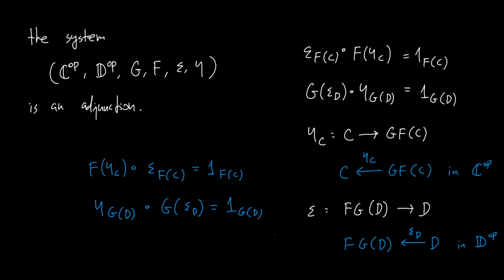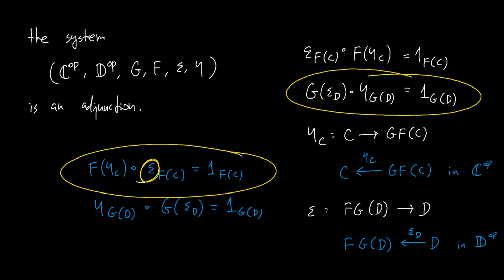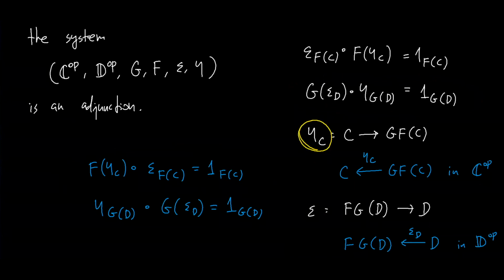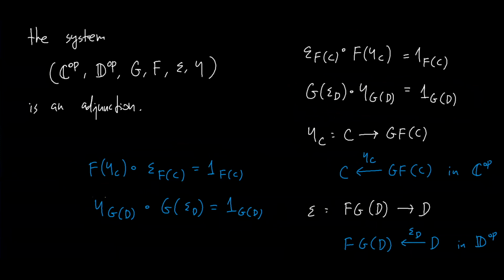But now I can see that the first one here is similar to the second one there, except that the role of eta has now been taken by epsilon, and the other way around, which matches what we remarked here, that eta in the dual situation obtained the direction of the epsilon. And the same for the second one. The second one there matches with the first one. So basically, we get the same conditions. We get an adjunction.